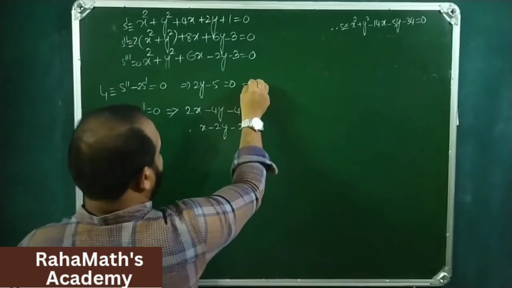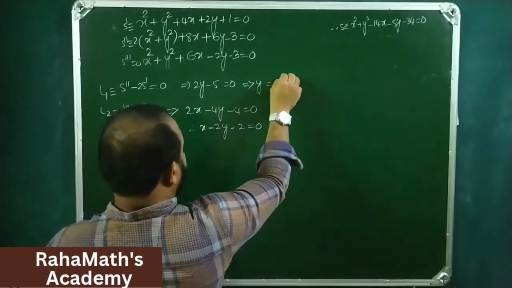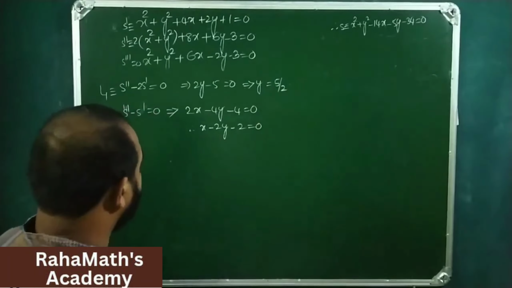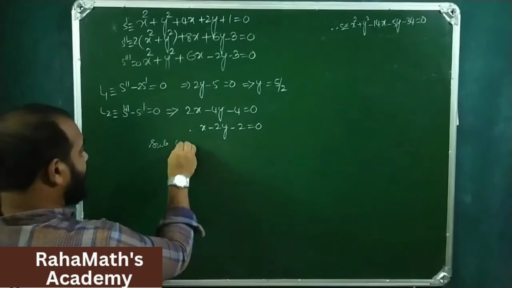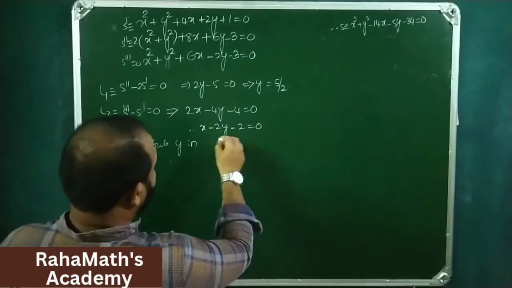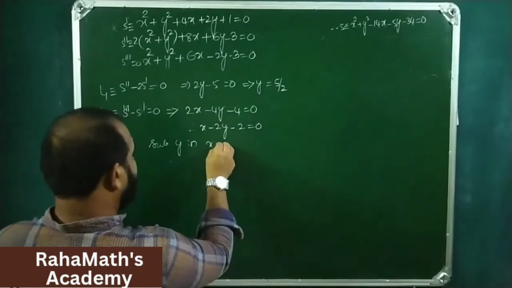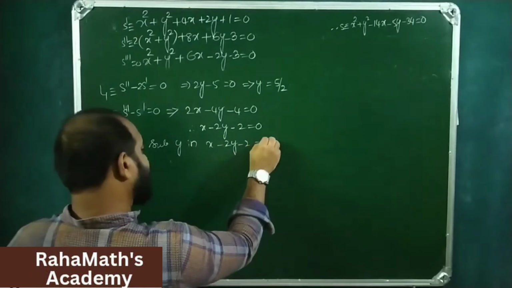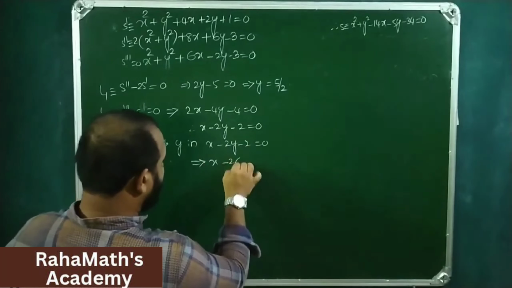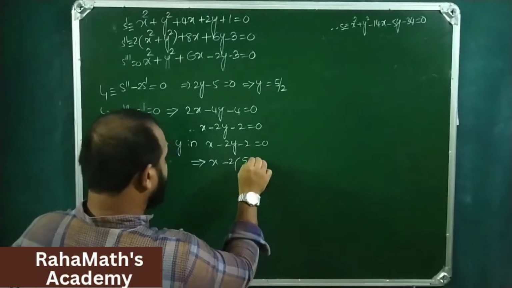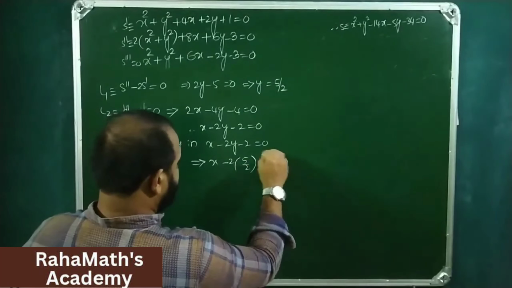So from this, y is equals to 5 by 2. Substituting y in x minus 2y minus 2 equals to 0 implies x minus 2 into 5 by 2 minus 2 equals to 0.